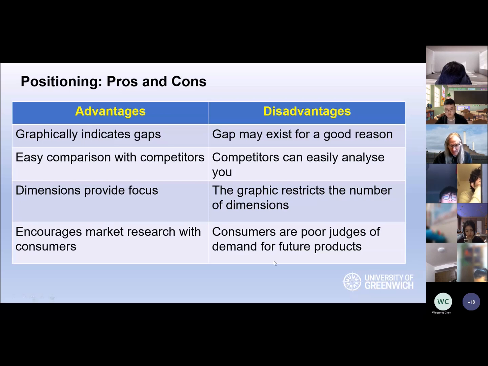And then finally, if you're using this map as a way of identifying gaps into which you can put a new product, well, actually, consumers are really poor judges of whether they're going to buy a new product. On that map, we saw Apple there, and I put the Apple Watch somewhere around high status.